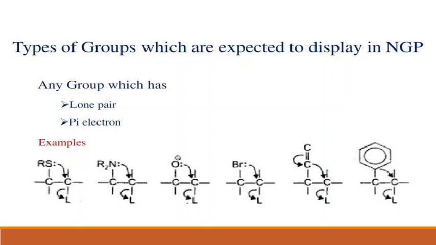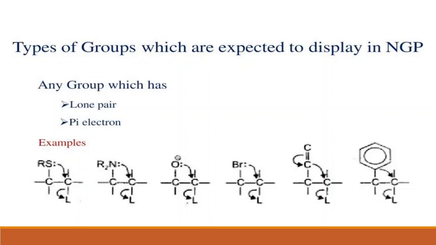In this slide, we will talk about the groups which are expected to display the neighboring group participation process. As I have already mentioned, there are two conditions to behave like a neighboring group. The first condition is a lone pair of electrons, and the second condition is pi electrons.